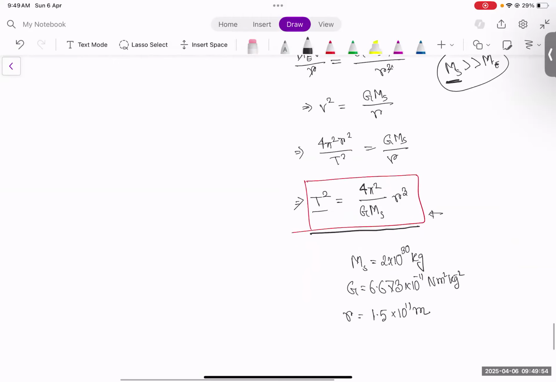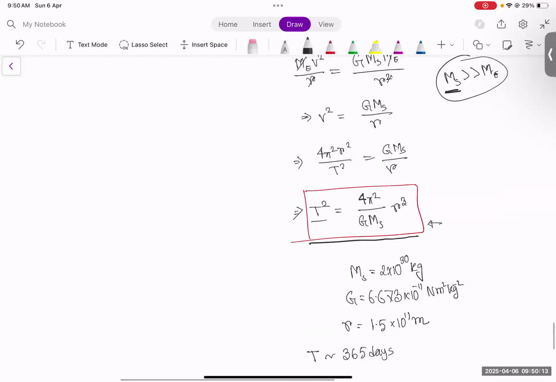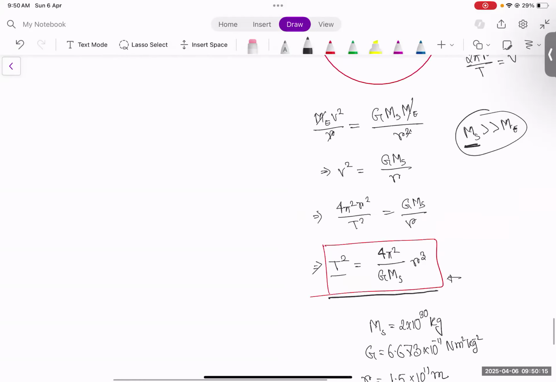So if you plug this value in, obviously you get T first in seconds, and if you convert the seconds to days, this should be around 365 days. Which basically tells you that your calculation is at least in the correct order of magnitude, or around the correct value.